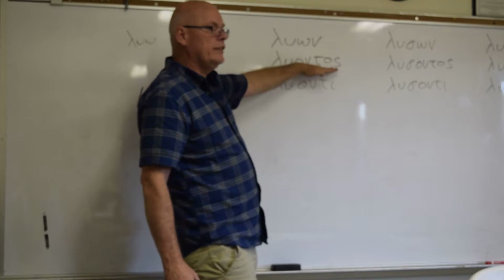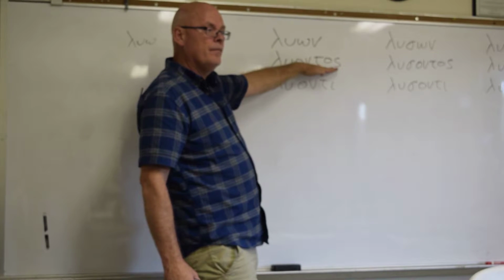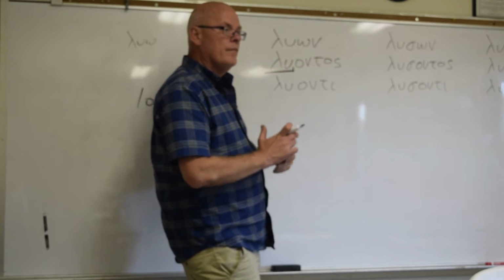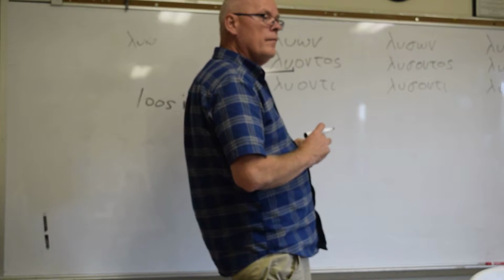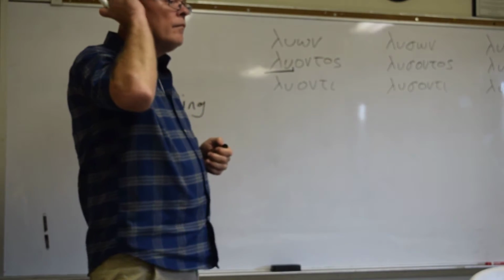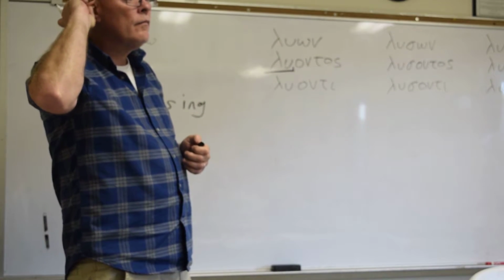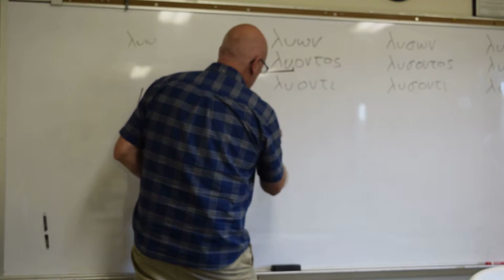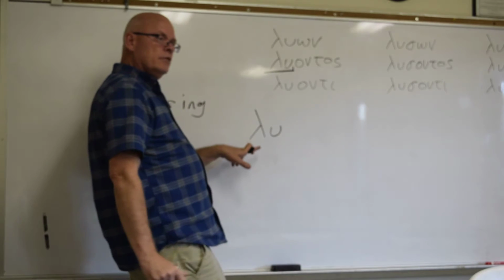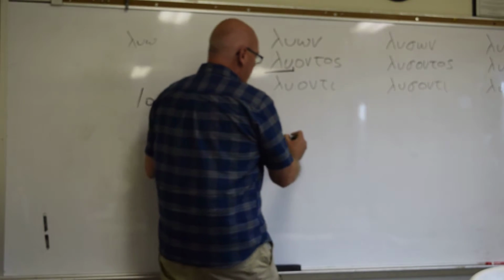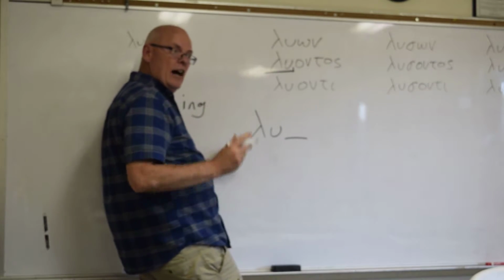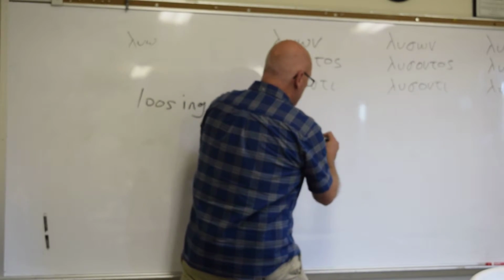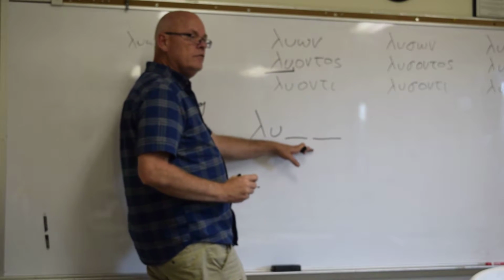So we're going to recognize these by noticing the ending. Let's do it this way. We've got lu, so there's our stem. We have a blank sign, and also a blank thematic vowel.